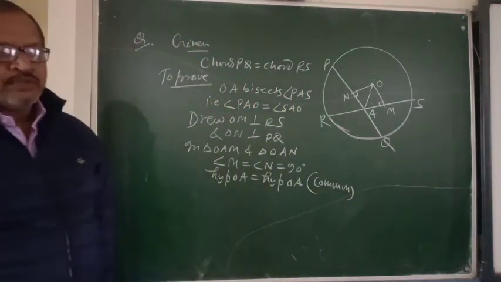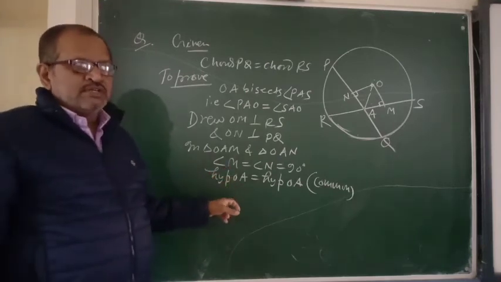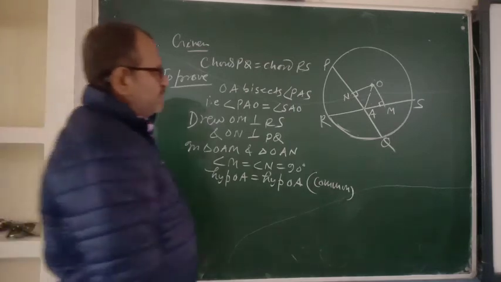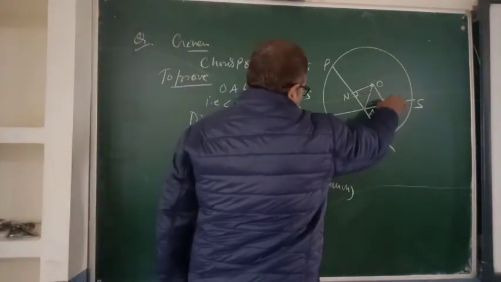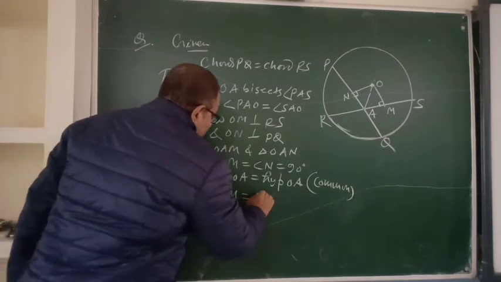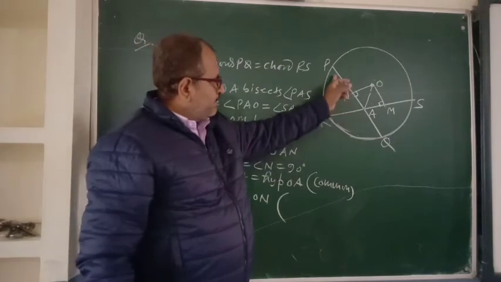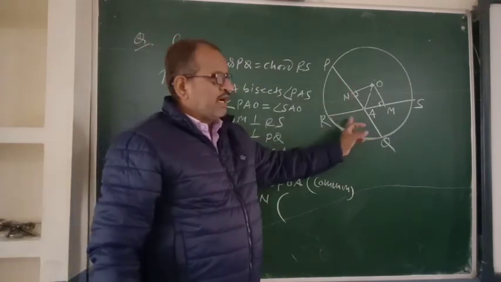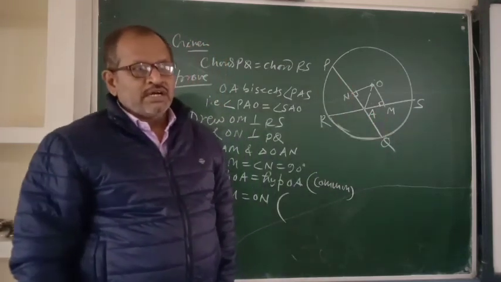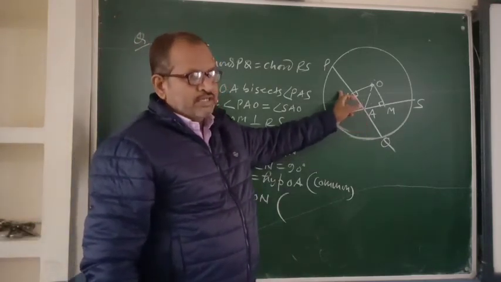Now we need one side. Right angle, hypotenuse equal, one side is needed. So we can write OM is equal to ON. Why? Reason is that PQ and RS both are equal chords, and we know that equal chords are at equidistant from the center.